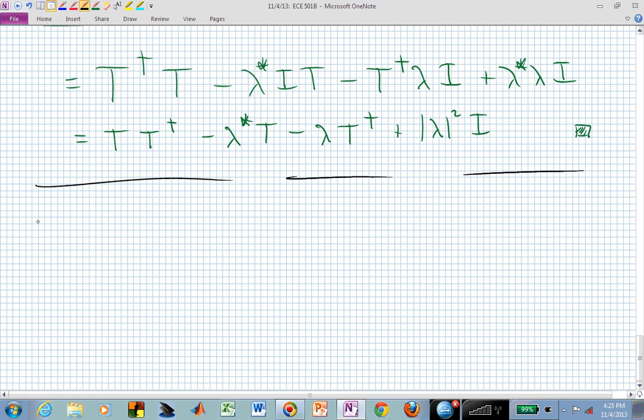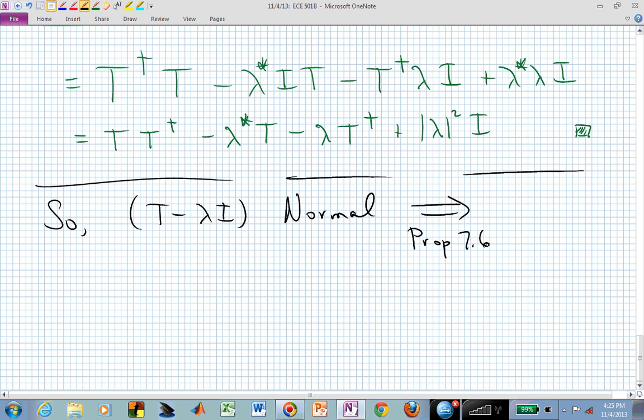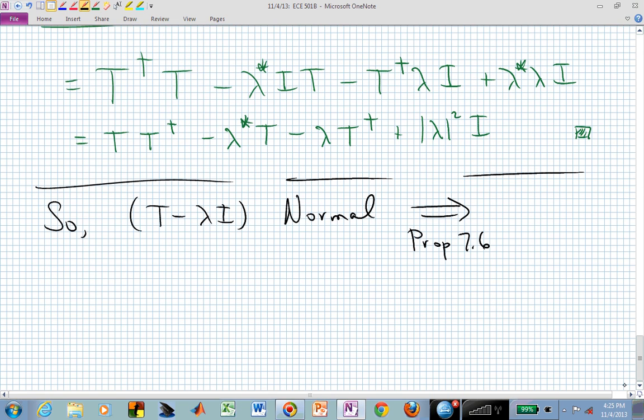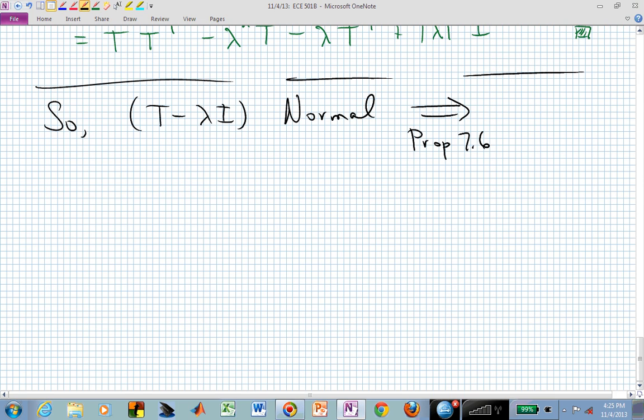Now we can continue on with our proof. Since T minus lambda I is normal, then via Proposition 7.6, the very first thing we talked about in our introduction to today's class, a normal operator is norm preserving when we have it and its adjoint inside the norm.